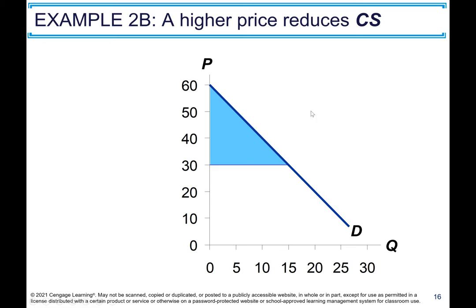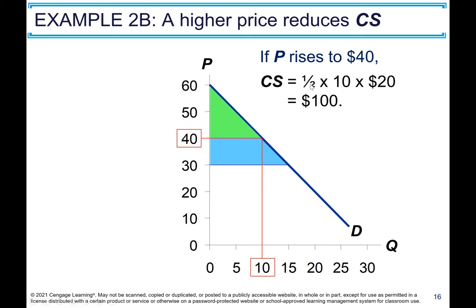A higher price reduces consumer surplus. If price rises from 30 to 40, consumer surplus is now 1/2 times base, which is now 10, times height, which is 20, and that will be 100.